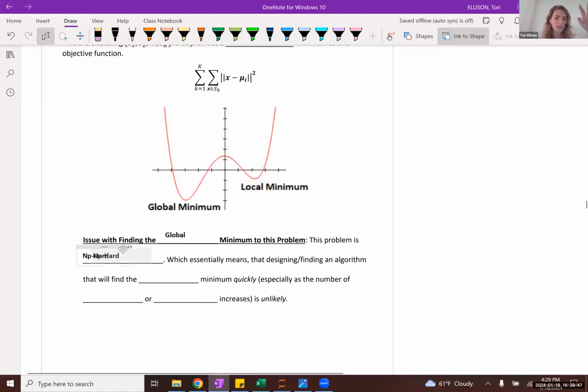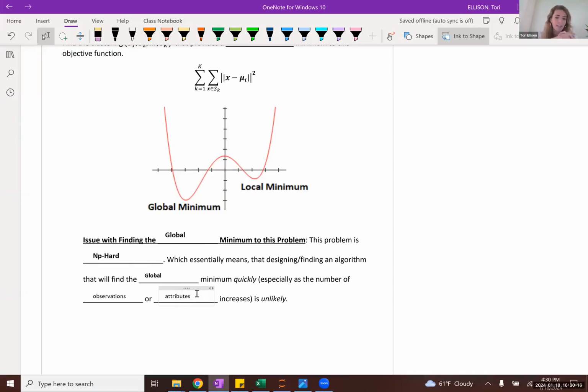Okay. Now, we're not going to get too much into computational complexity theory in this class, but practically speaking, what it means is that designing an algorithm that will find this global minimum inertia quickly, and that's the key thing, especially as the number of observations or attributes increases, is highly unlikely.